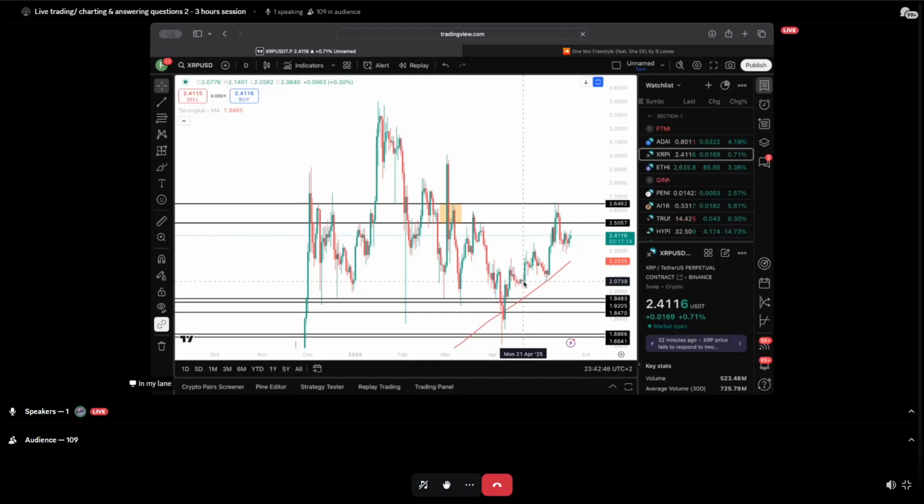Those are the only levels you need. Look, it's still the same. It looks exactly the same. It did retest now, then back up. Nothing new. Maybe I can show you.